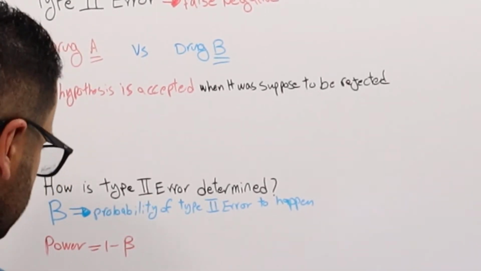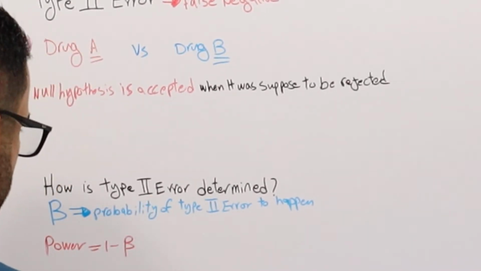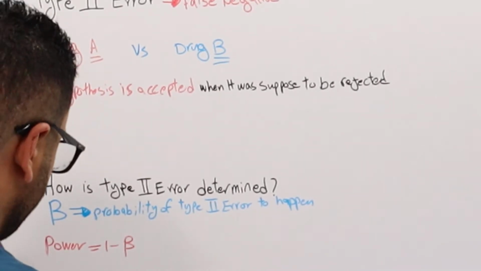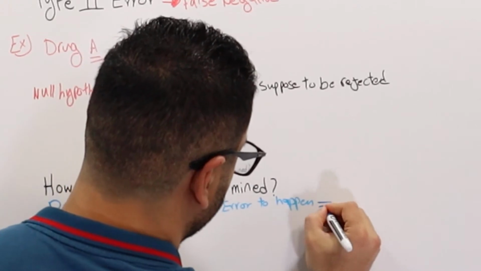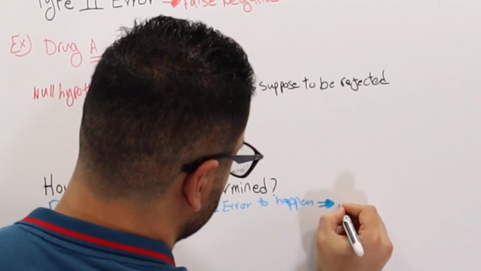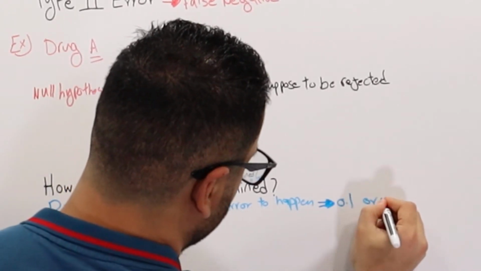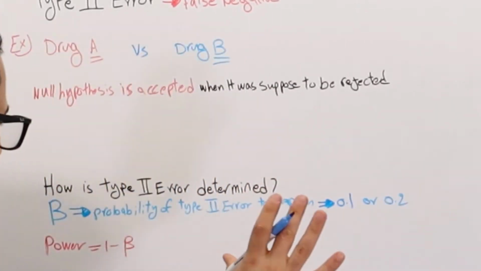Usually in studies, beta is given the value of 0.1 or 0.2. So what does that mean?